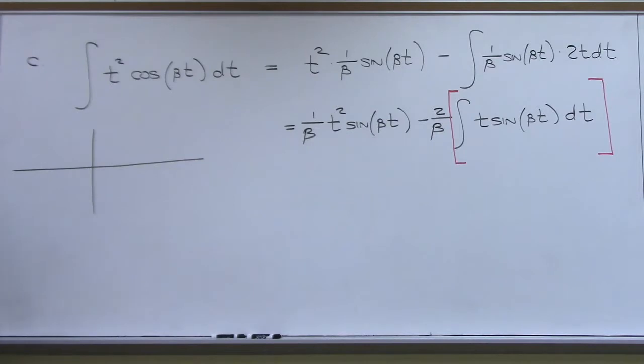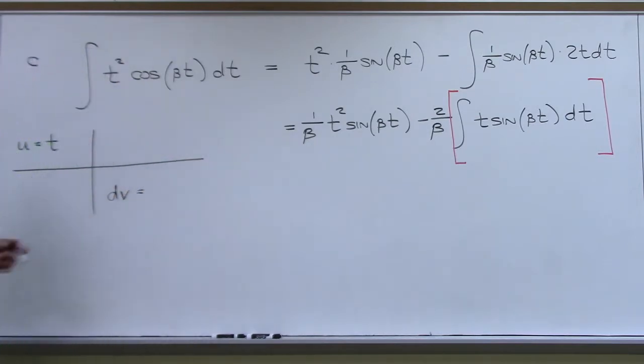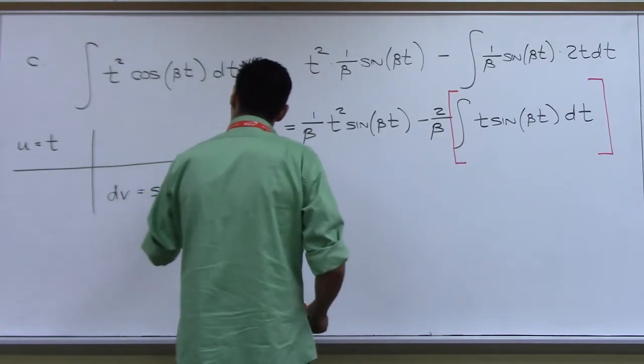What are we going to choose for u here? T. dv then by default has to be everything else that was there, which is sine beta t dt.